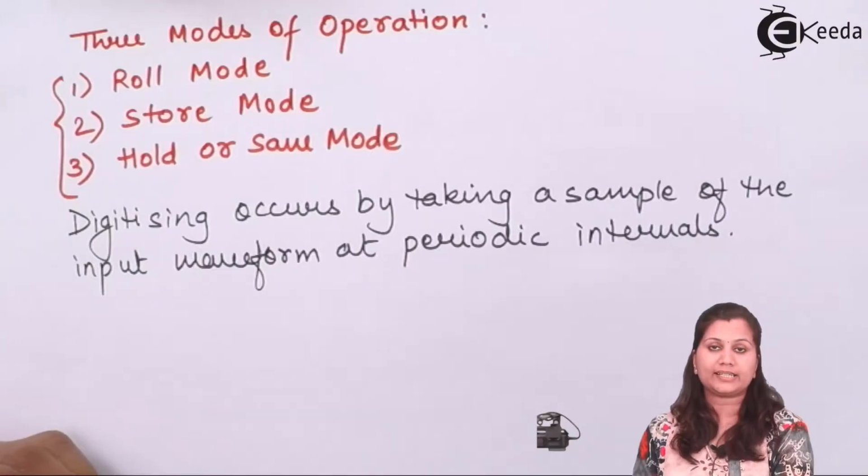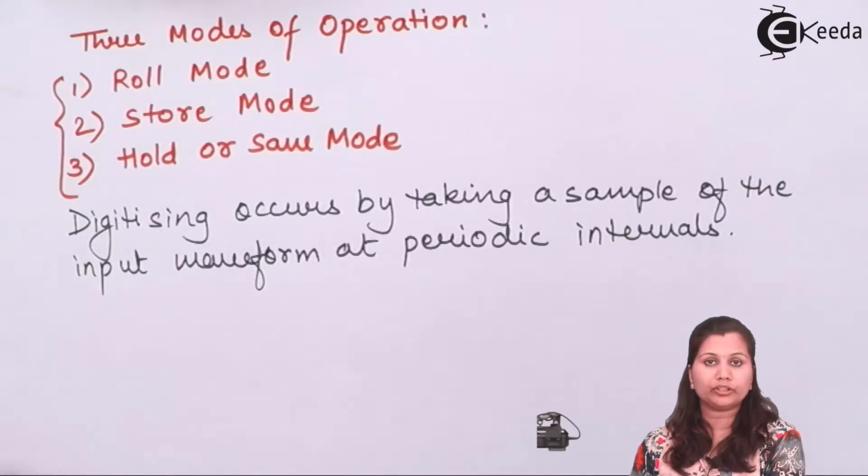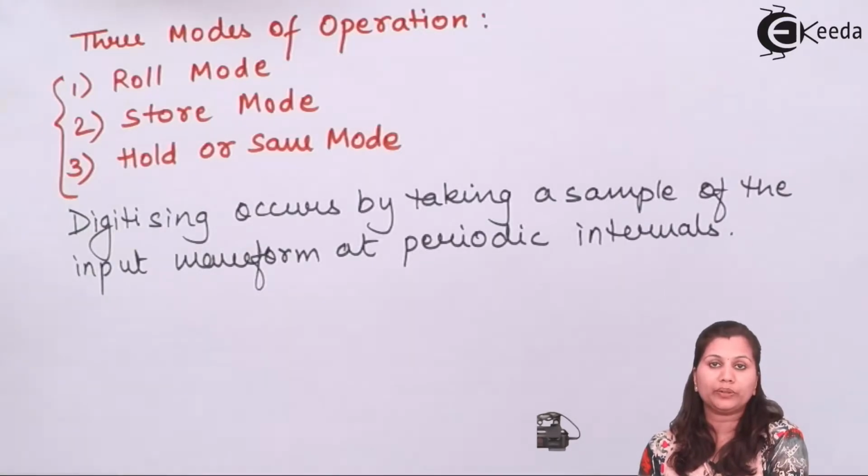Now digitizing is done by taking a sample of the input waveform at periodic intervals. What we do in sampling is that at certain time intervals, we pick the value of the input waveform.